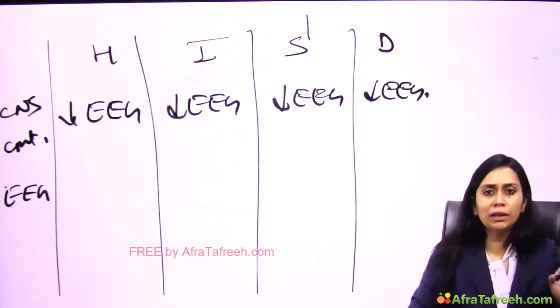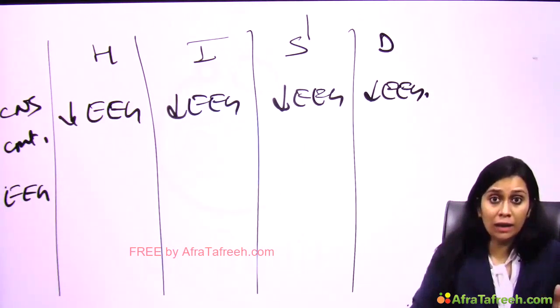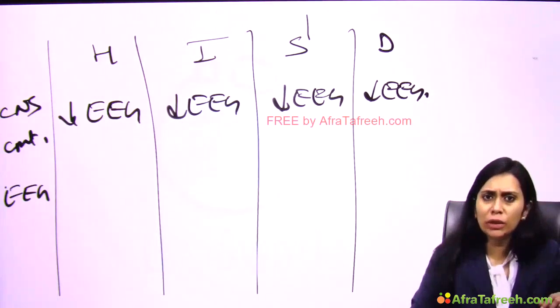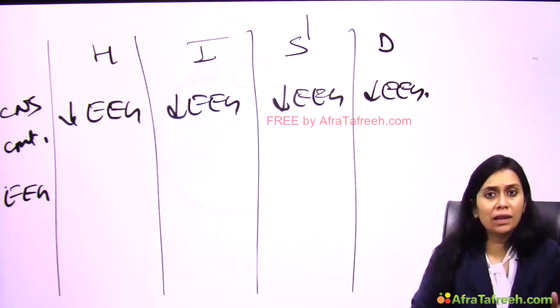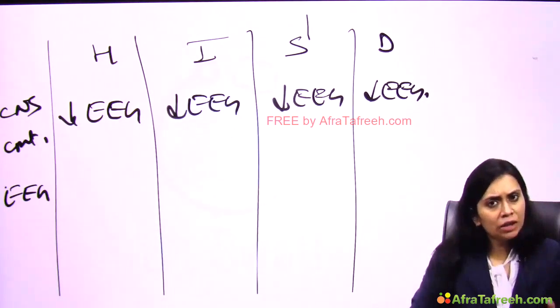If a drug decreases EEG activity, it becomes a good anti-epileptic agent. If you know the definition of refractory status epilepticus, status epilepticus, that is continuous epilepsy, not responding to routine anti-epileptics. What do we do in this situation? Give anesthetic agent, preferably IV, but inhalational can also be given, right?